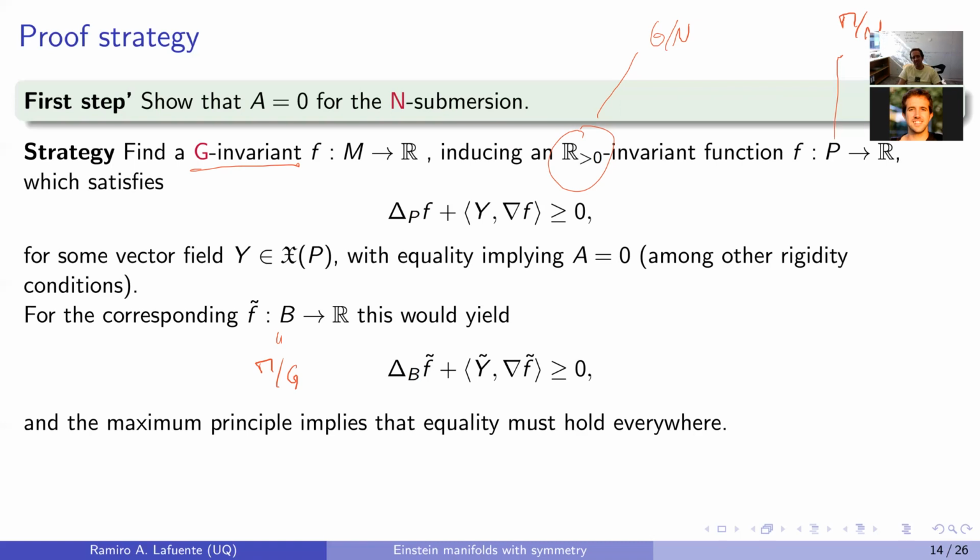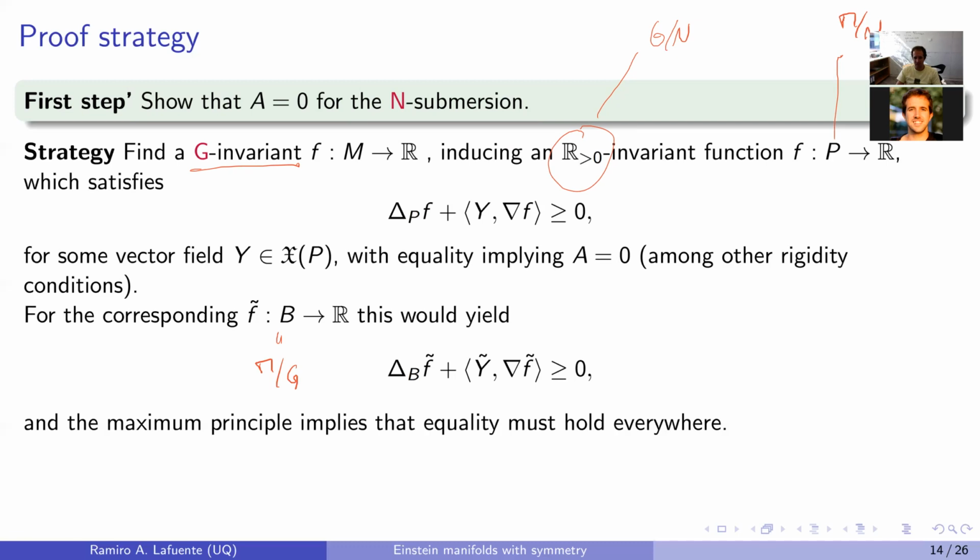But then by the maximum principle, equality must hold everywhere on M. Because if you apply the strong maximum principle, this cannot happen unless F tilde is constant.